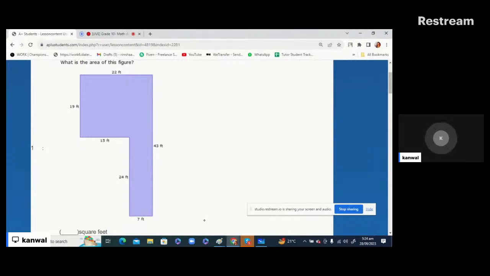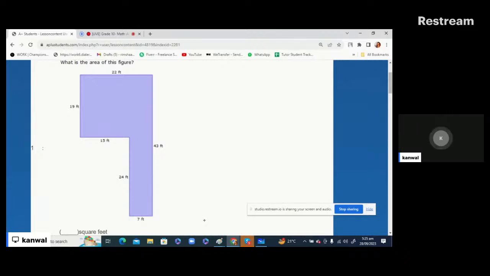Look here, this is a complicated shape, and each length is different. This full length is 43 feet, then here is 19, then this one base is 22, the other base is 15, then the other is 7. When you add 15 with 7, it becomes 22, and when you add this 19 feet length to 24, the total length is 43.